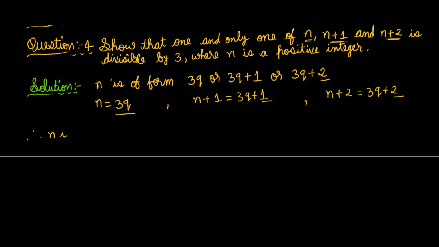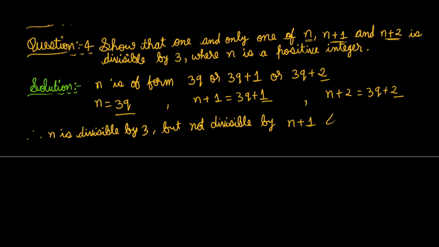Hence n is divisible by 3 but not divisible by n+1 and n+2.